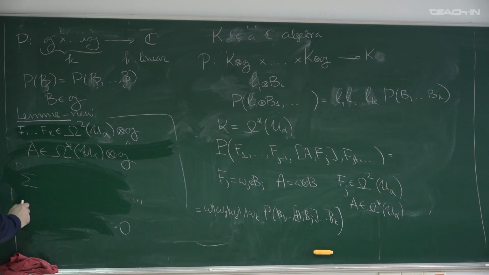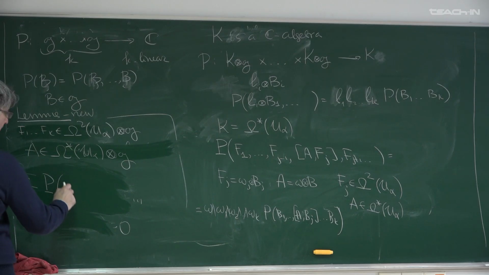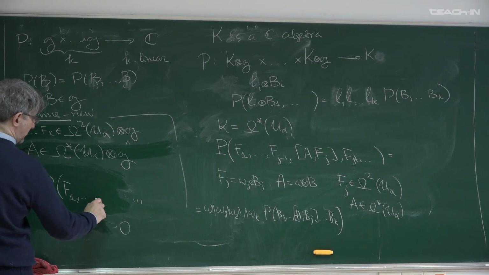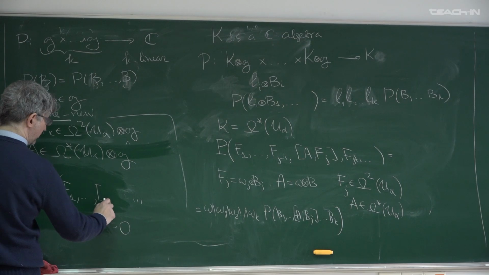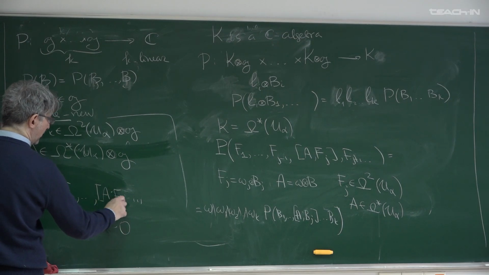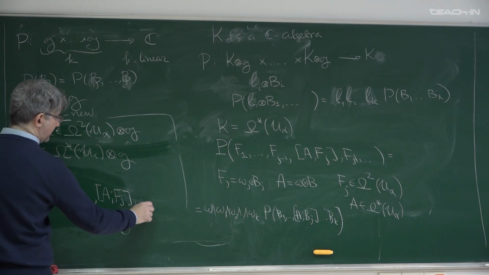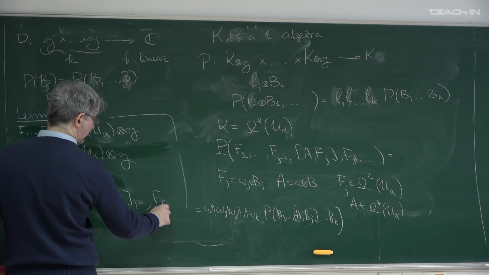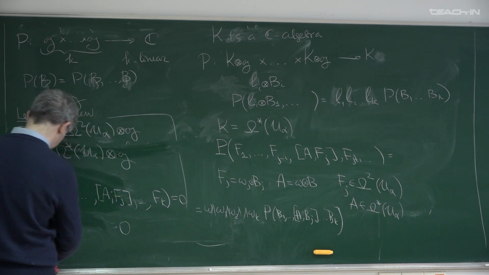And still we have the same formula, that polynomial P, the sum is taken over g. So at some place we take a commutator of A with fj and fk. And this sum will be 0.